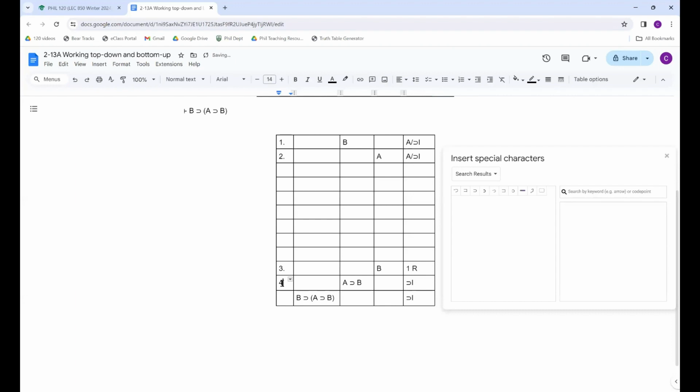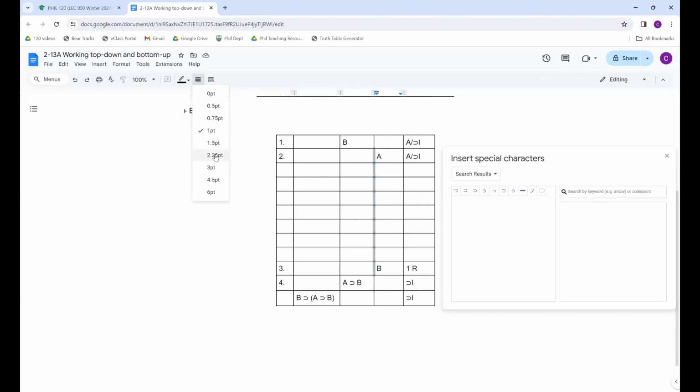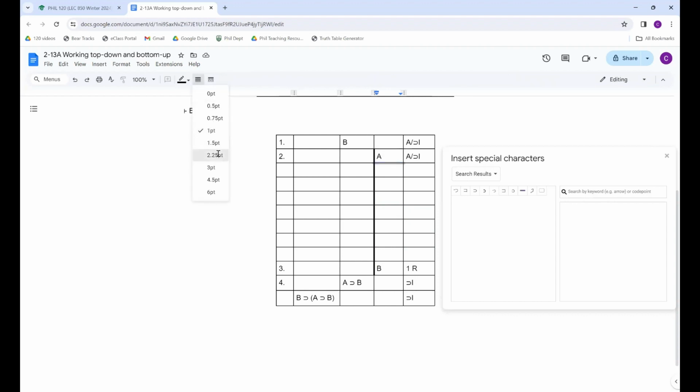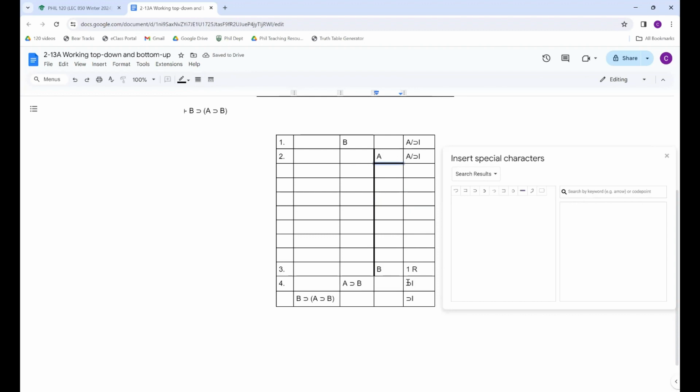Now we can just fill in the rest of the line numbers. So we're acquiring this here by this subderivation. And let's put in the scope line for it right now. So here is our scope line. This runs from lines 2 to 3. This one here is 5.